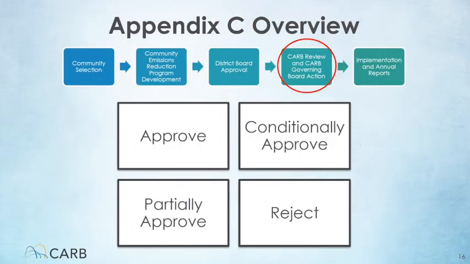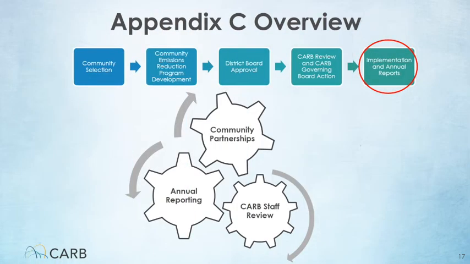Appendix C also has a description of the review process for CARB staff, as well as the options the CARB board could take when considering an emission reduction program. And finally, Appendix C includes requirements for ongoing community partnerships throughout implementation and annual reporting.